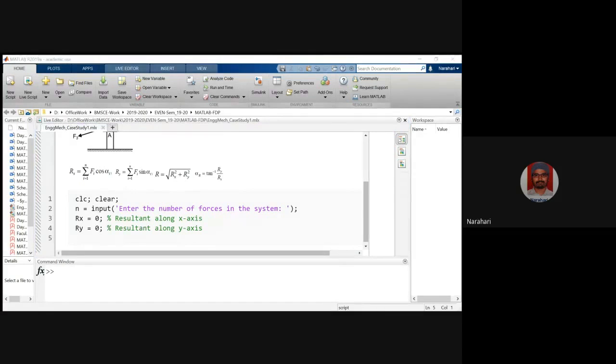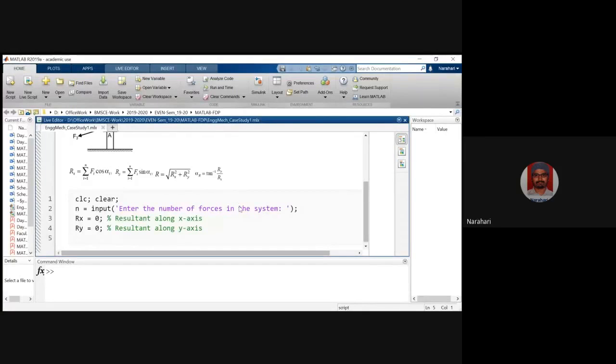Then I will also create 2 vectors. What is the logic here? Let me tell you the logic.